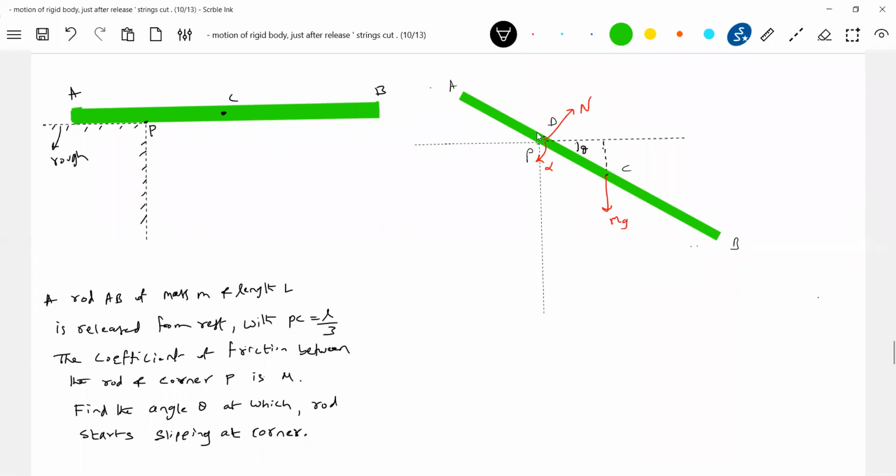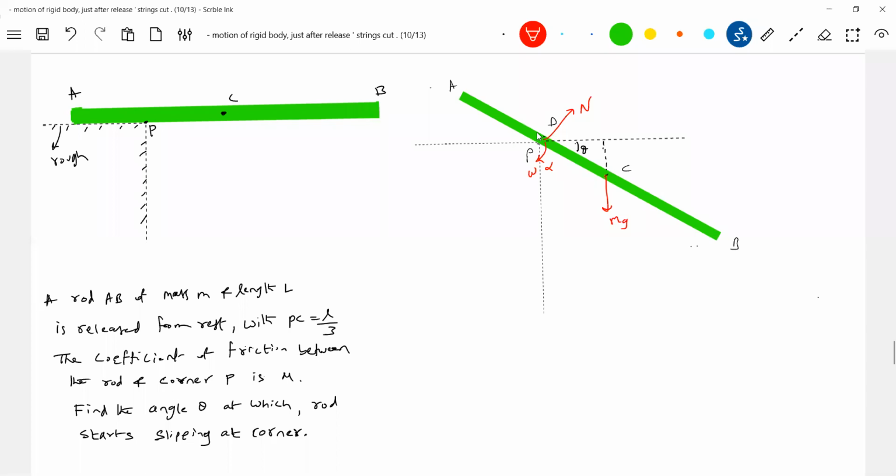How to get the direction of friction? And in this position, what is the state of the rod? It will also have angular velocity.